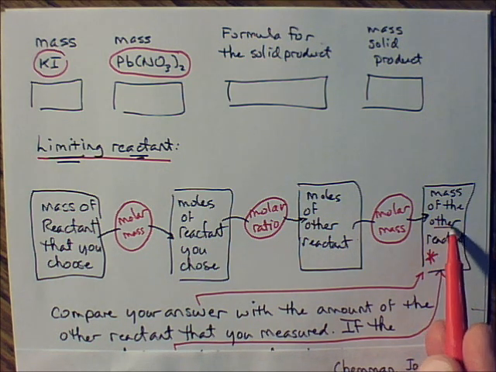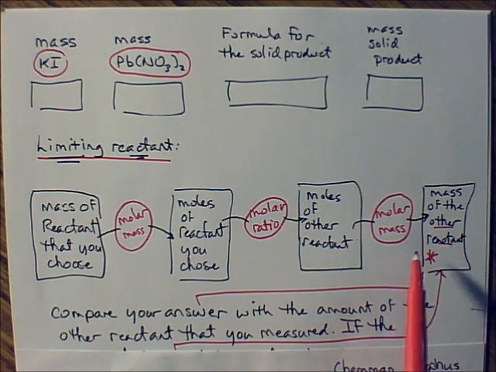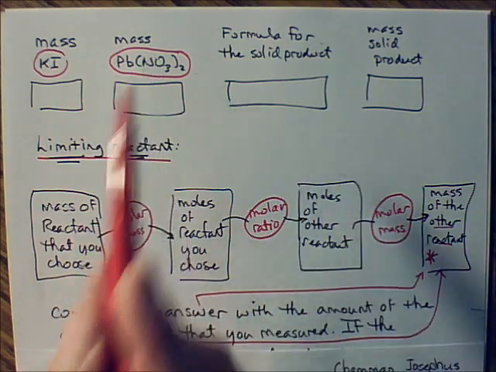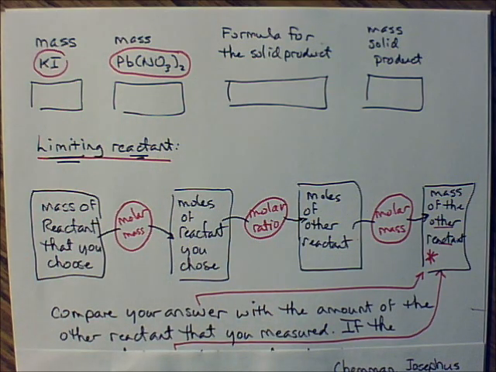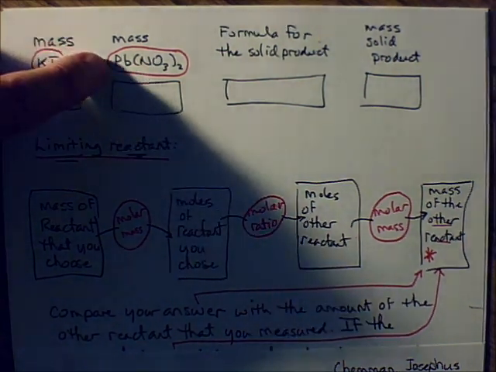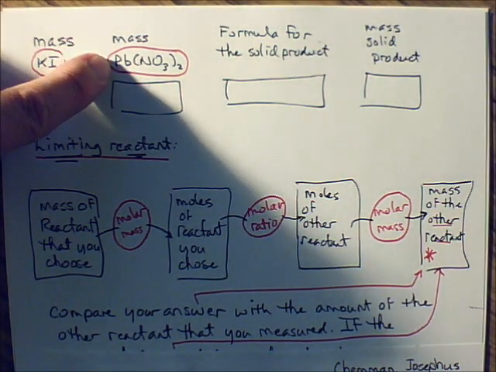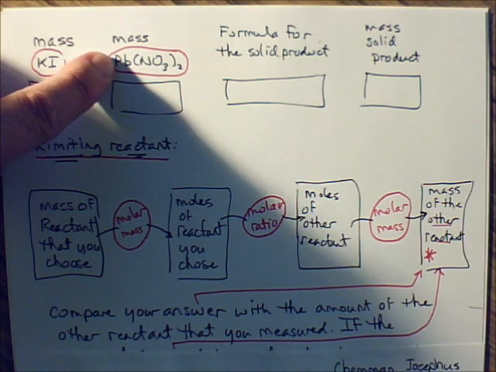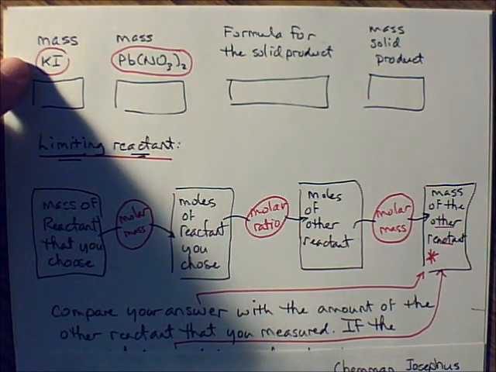This is your other reactant here, and whichever one of these you chose to start with, the other chemical is the other reactant. Okay? If you chose to start with potassium iodide, lead 2 nitrate is the other reactant. If you chose to start your mass to mass with the mass of lead 2 nitrate, then potassium iodide is the other reactant.